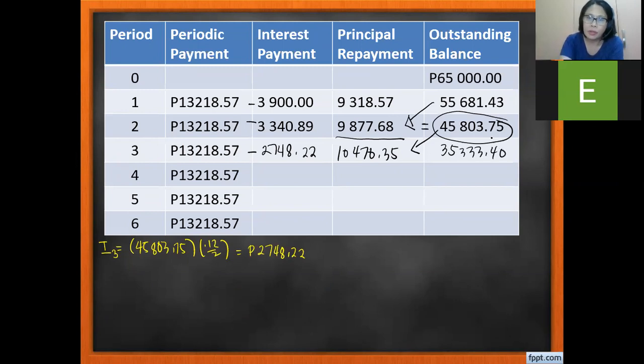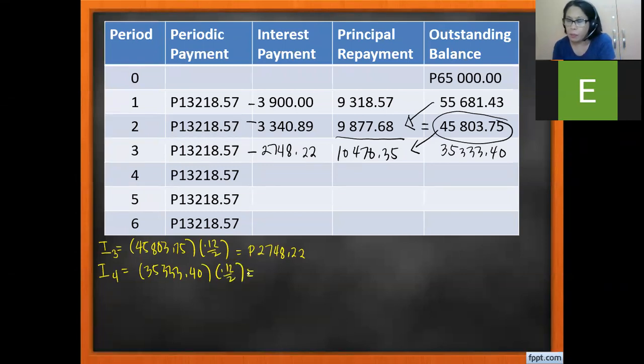35,333.40. So to obtain the interest payment on the fourth period, this is I sub 4 equals 35,333.40 times 0.12 over 2. So you're going to multiply the 35,333.40 by 0.06.